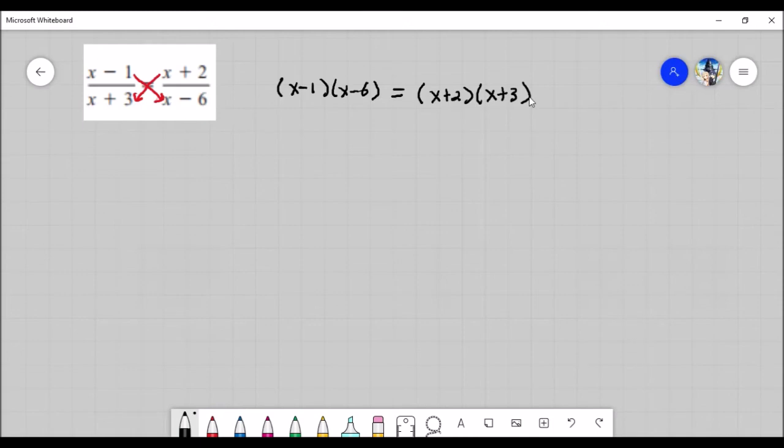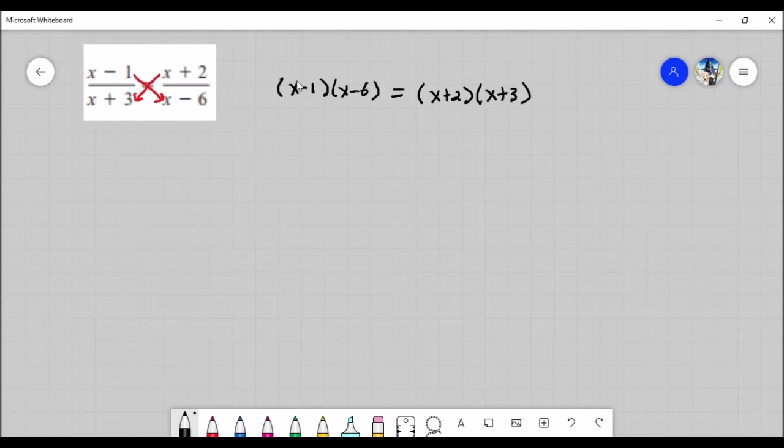All right, so as you can see here, we have binomials being multiplied to each other on opposite sides of this equation. So what do we do when we have two binomials multiplied together? We multiply them, or the more familiar term, we FOIL them out. So we're going to do that to both of these binomials on the left and right side of this equation.